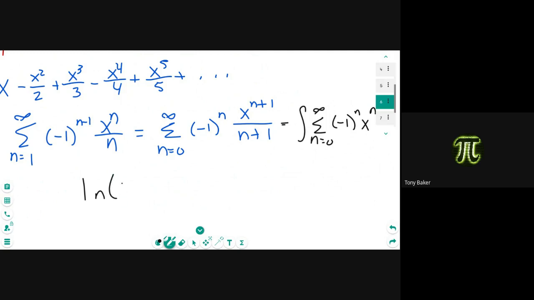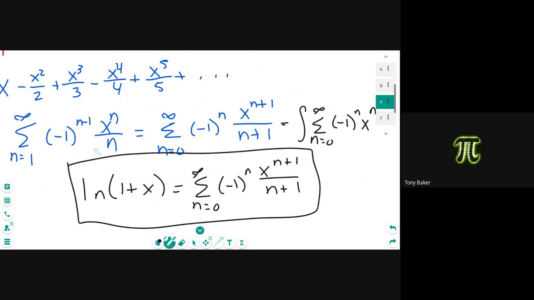The natural log of 1 plus x equals the summation from n equals 0 of negative 1 to the n over n plus 1, times x to the n plus 1. That's the integral that we found. But what this equals, this is literally this. This is exactly that. Okay.